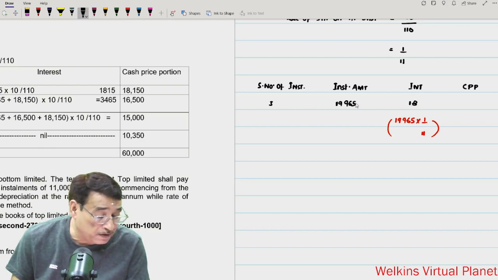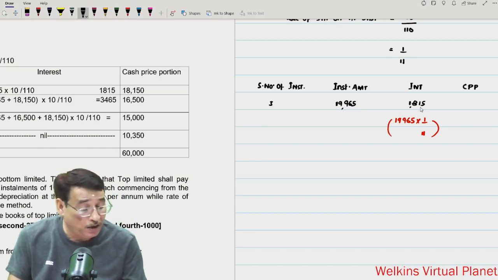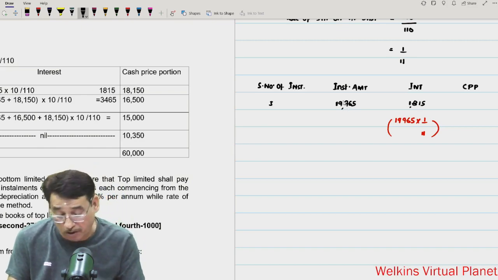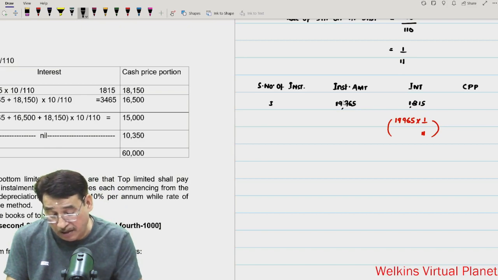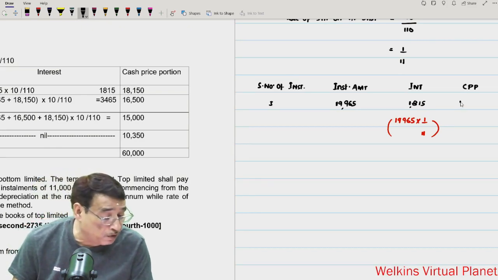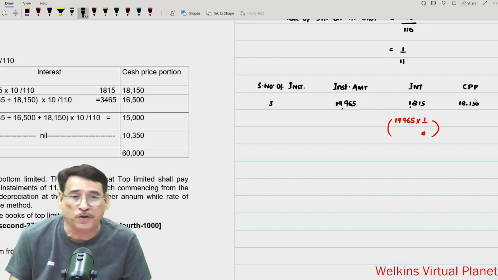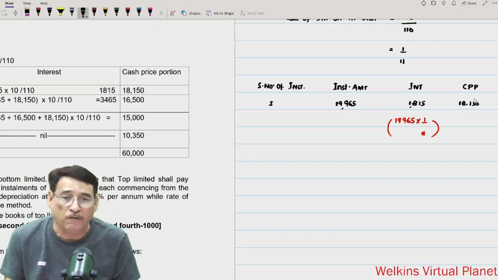That means interest included in this installment is equal to 1815. Is it clear to you? Now I will subtract it from this amount, 19,965, to get 18,150. This is my cash price portion. This is how I will be able to determine.